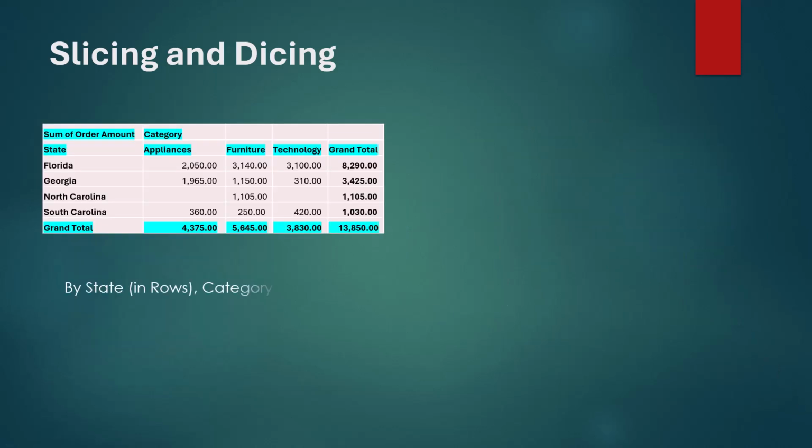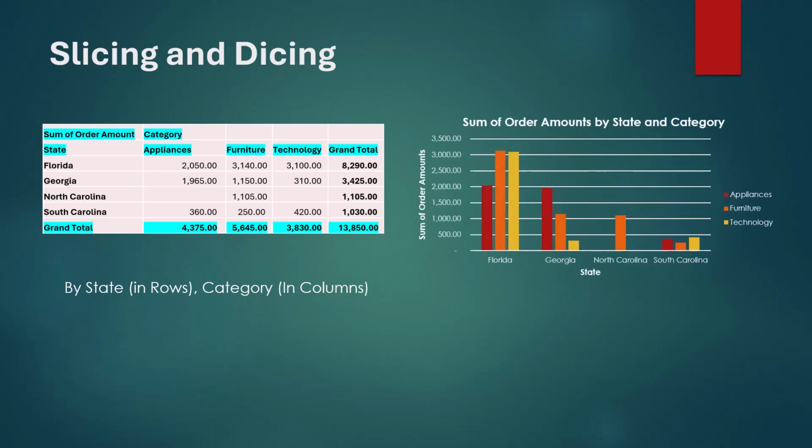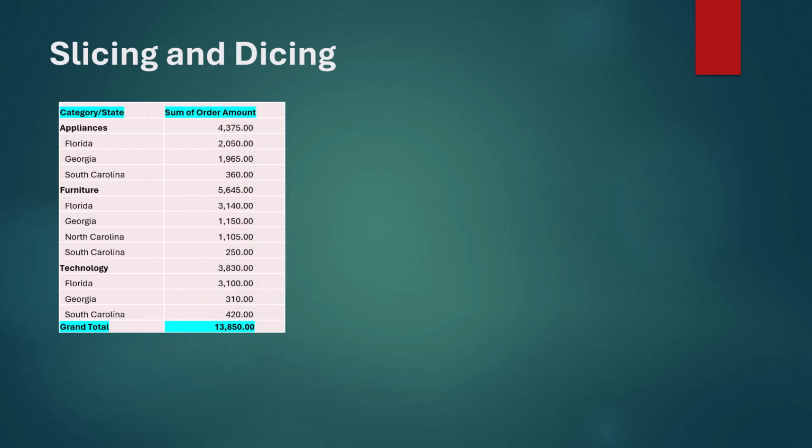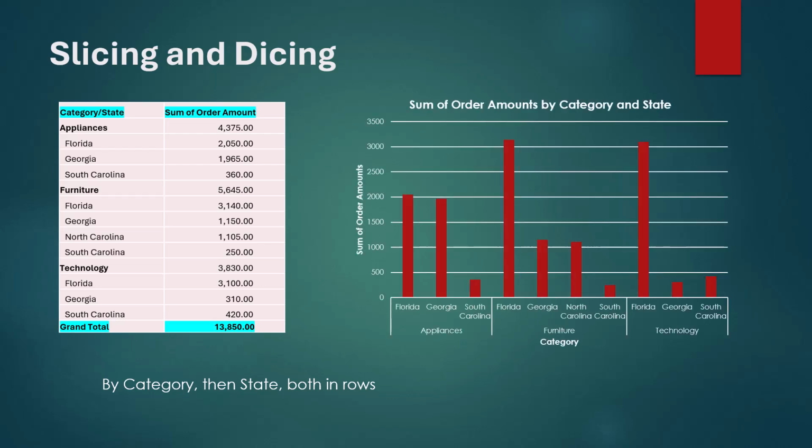Or we can slice it and dice it such that the states appear in rows and category in columns, and then draw a clustered column chart based on this table. Or we can switch the order of slicing and dicing. We can first slice it by category and then by state, both in rows, and then create a column chart based on this table.